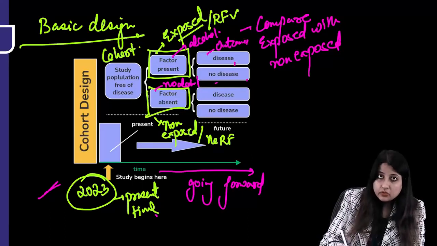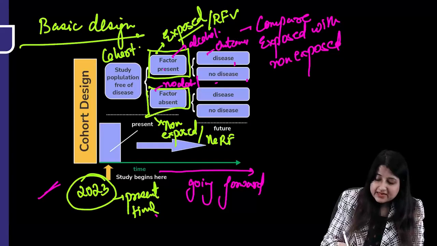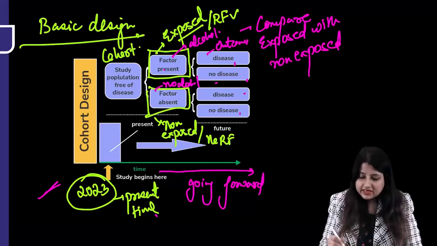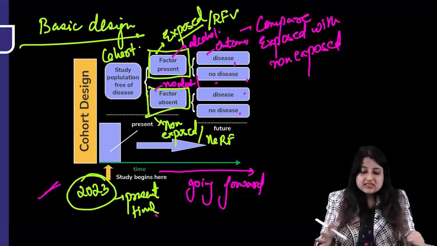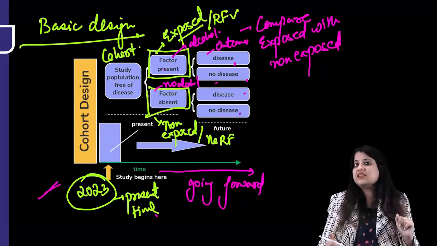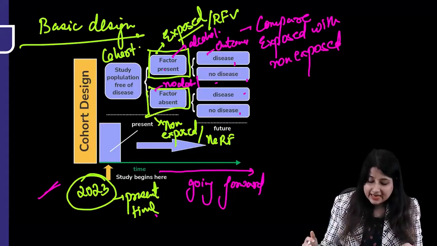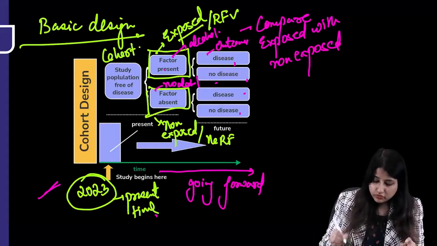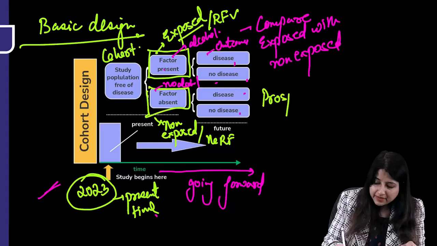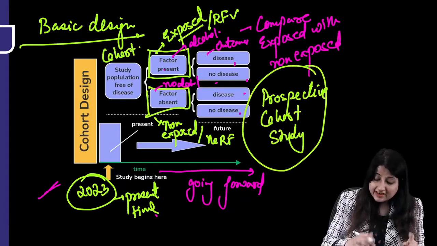Disease occurred, no disease in the exposed group. Disease occurred, no disease in the non-exposed group. So this is the basic design. What is this study called? Of course, a cohort study. You're moving forward in time, but it is also known as a prospective cohort study. There are other names also which come in your exams.